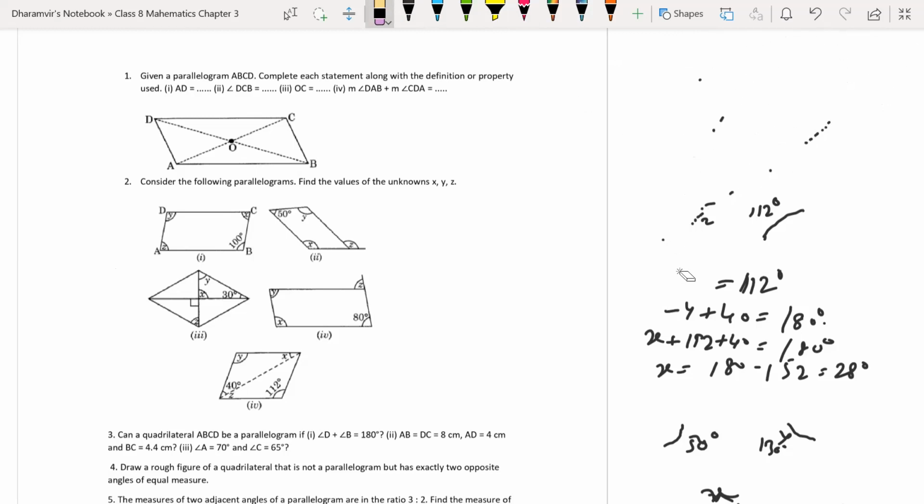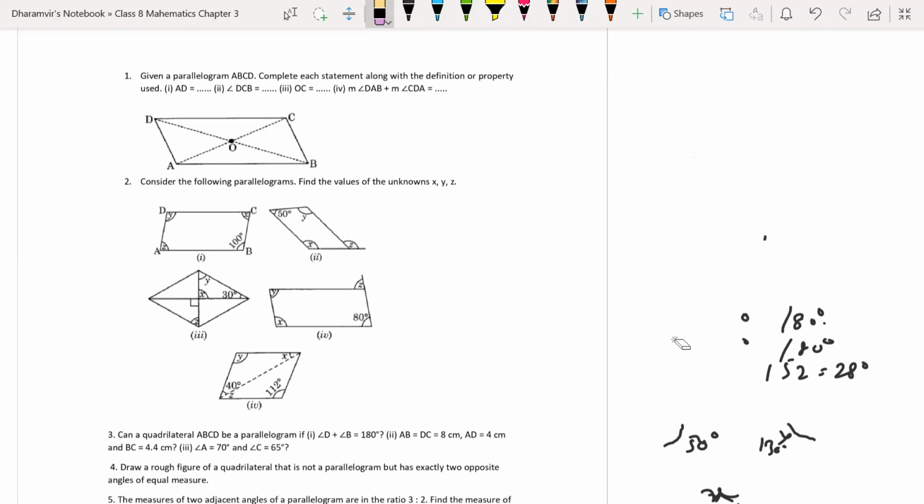Let's try to solve question 3 of this exercise. What does question 3 state? Can a quadrilateral ABCD be a parallelogram?